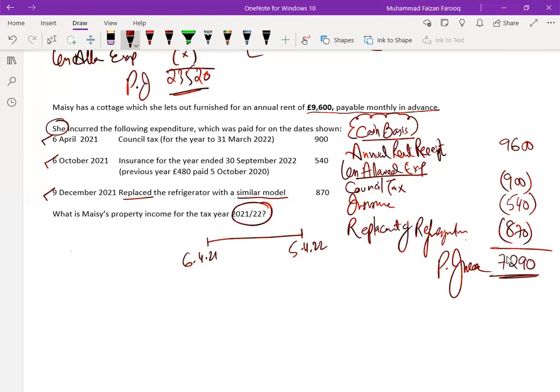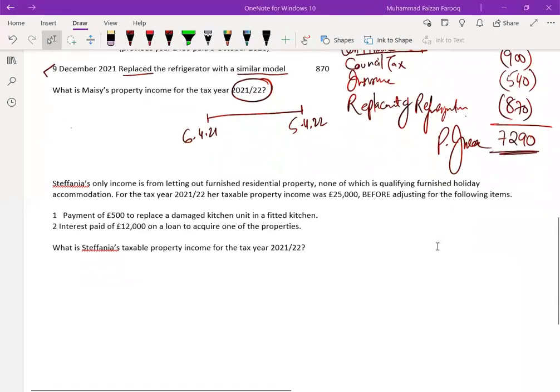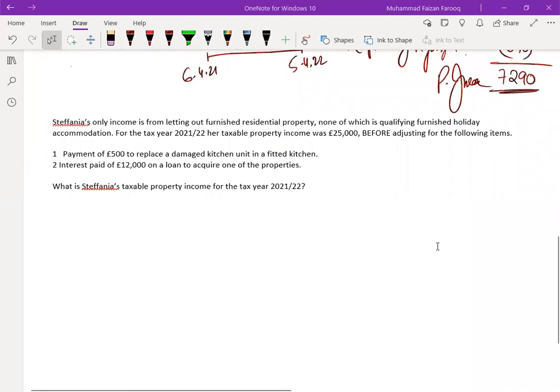7290. Okay, please copy it down from your revision kit. Stephania is something like that. Please read out. Stephania's only income is from letting out furnished residential property, none of which is qualifying for furnished holiday accommodation.